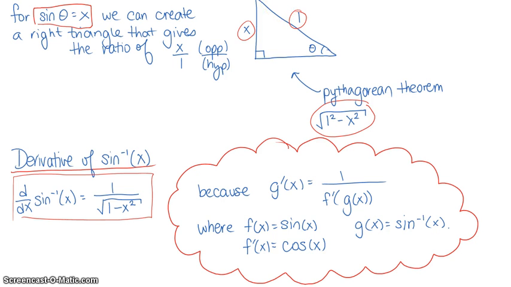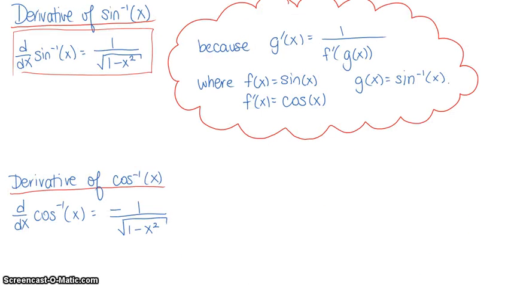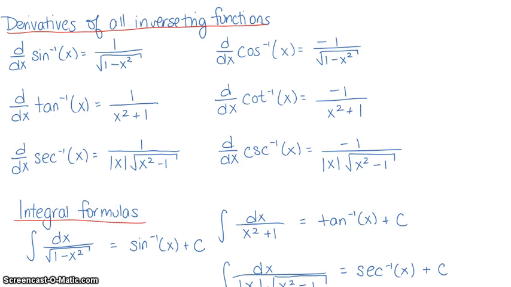Now using the same sort of concept, we can also find the cos inverse derivative, which, because we know that sine and cos, one is positive, one's negative, when we take the derivative, this one will become the negative, because cos will go to negative sine. Now finding the derivative of all the different inverse trig functions is based on setting up these triangles.